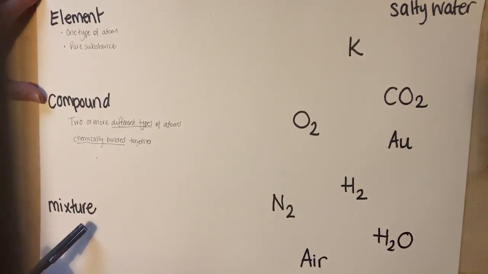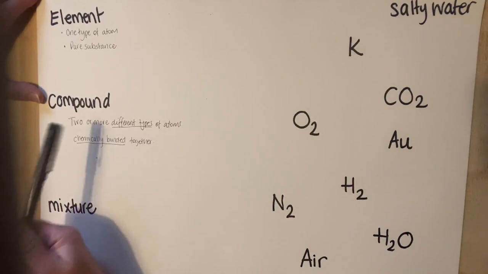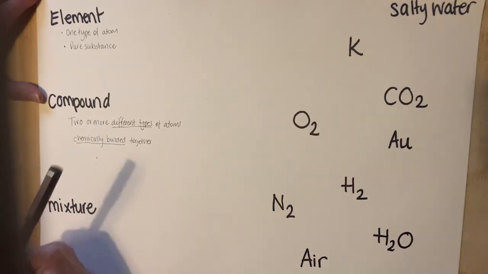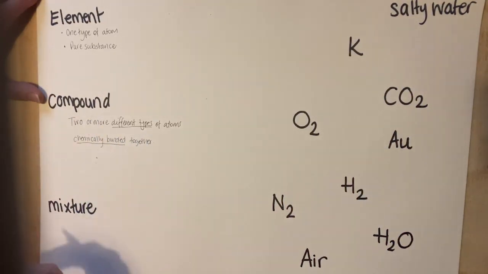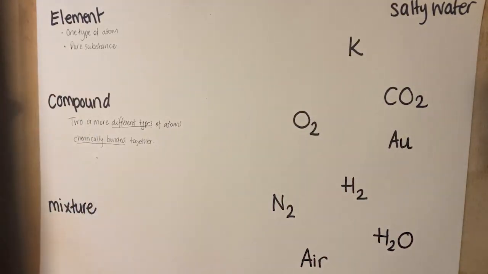So a mixture differs by being different substances. They can be different atoms, it can be different compounds, but this time they are not chemically bonded together. Which means that they are easily separable. A bit like using your fruit salad and being able to very easily take out all the bits that you don't like. Let's say we take out all the grapes, we don't want the grapes. Easy to separate because they're not chemically bonded together.